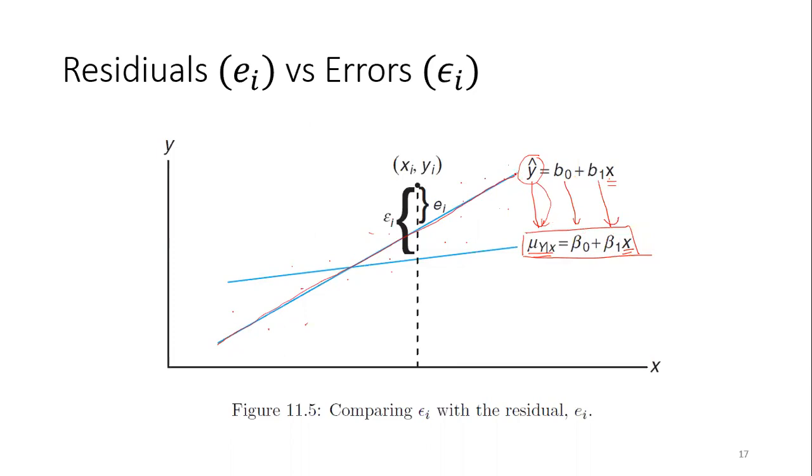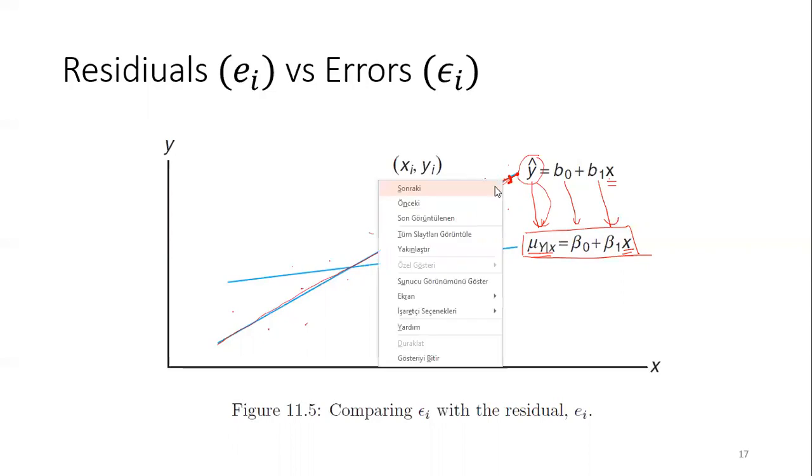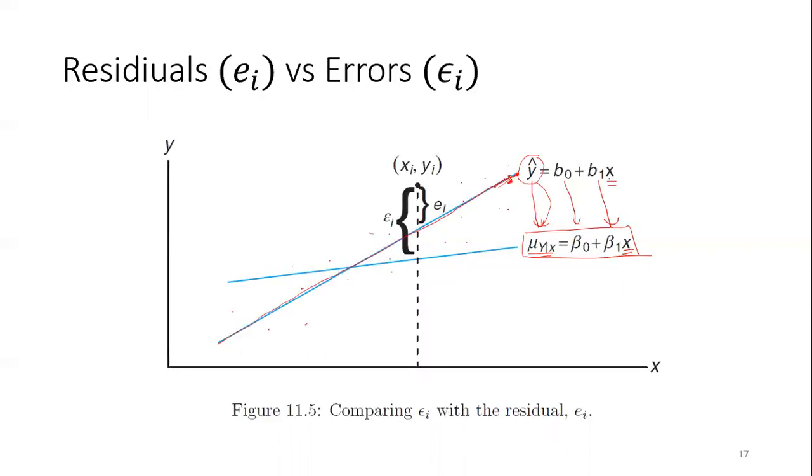And this is this red line now. This red line is the estimated line. So this is xi, and this is yi, from the analytical geometry.